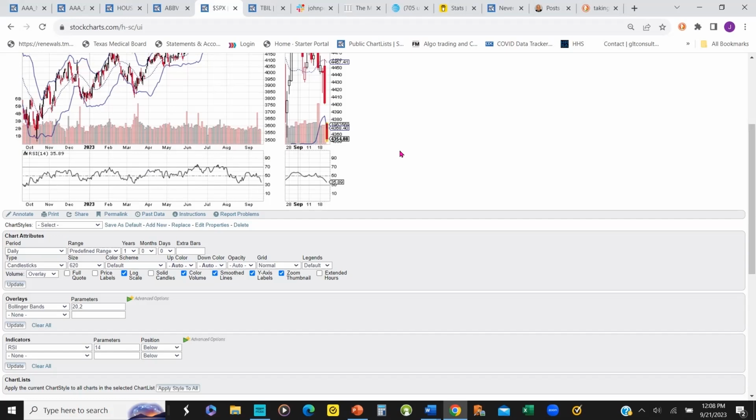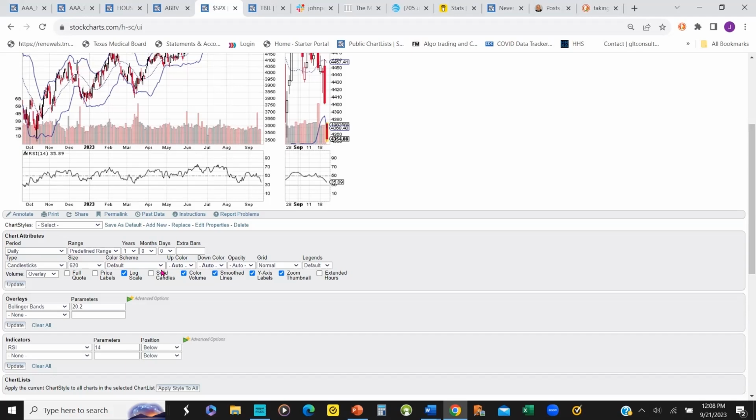I want to show you how you can set up your own Bollinger Bands on the StockCharts trading rig. And so very simple. Of course, you can see the chart up here, but what I really want to focus on is the settings down here. The way I set mine up in this configuration, which is the 20-day moving average and 2 standard deviation bands, is, of course, I go to daily, and of course, a predetermined range.